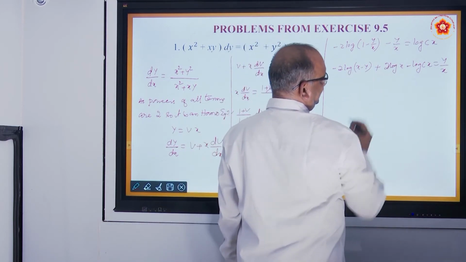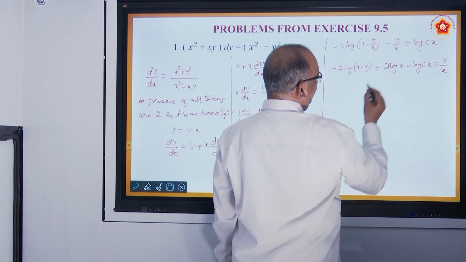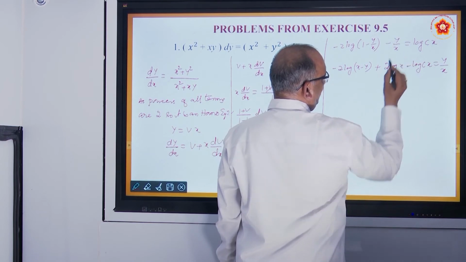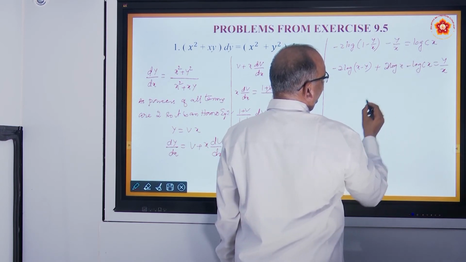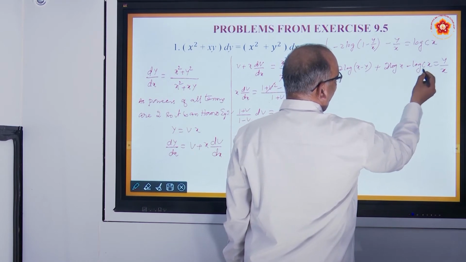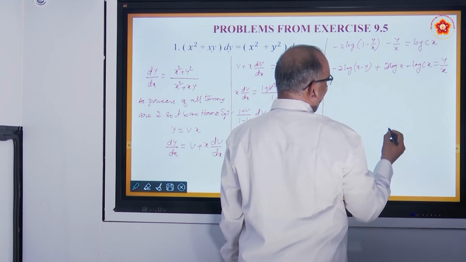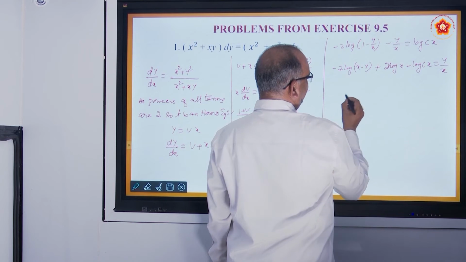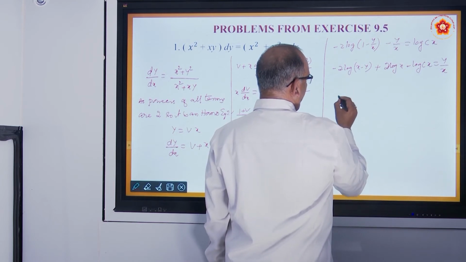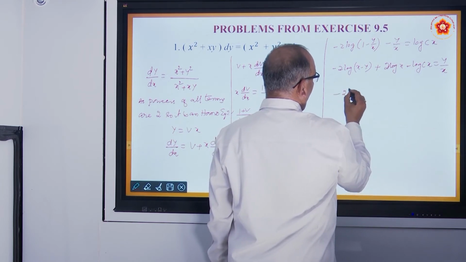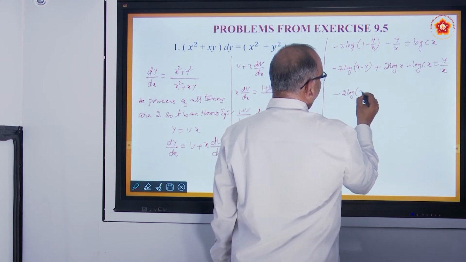Now club these things. How do you club them? 2 log x can be written as log x square, and here we have x square by cx, where one x will get cancelled. So this can be written as minus 2 log x minus y.